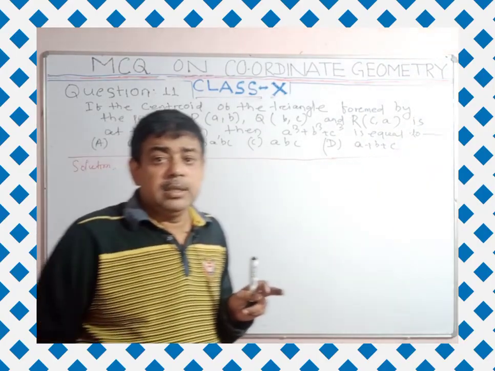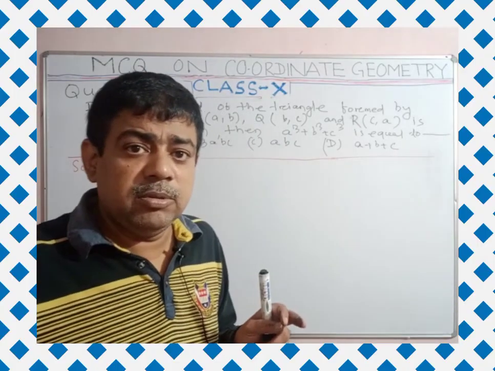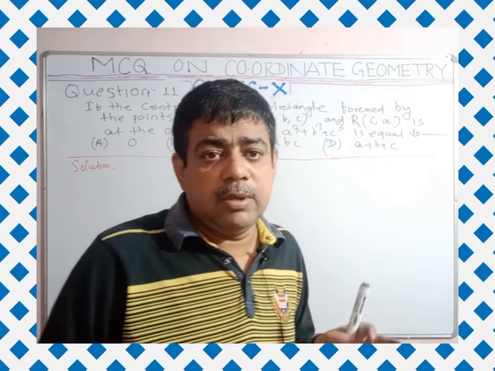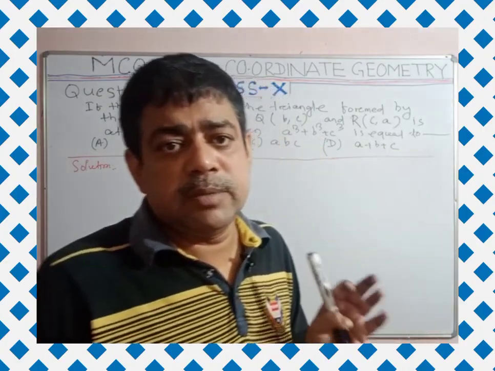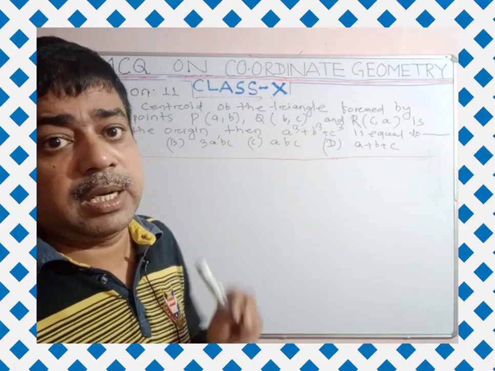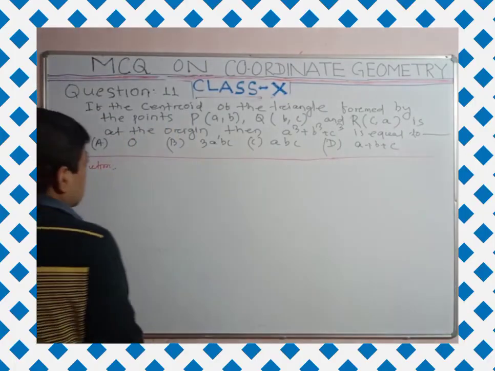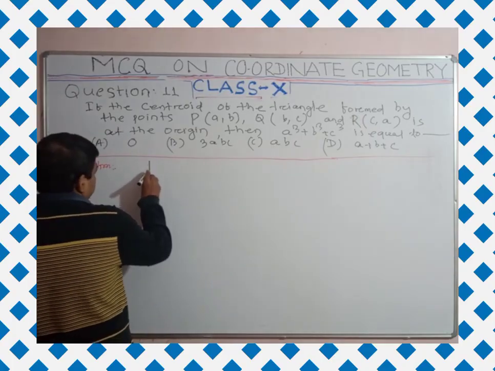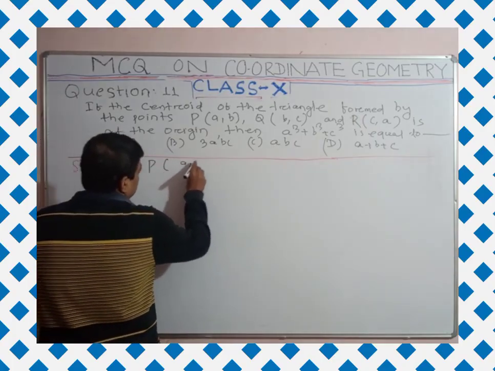Okay. So what is the centroid of a triangle? All of you know. The centroid of the triangle is the point of intersection of the medians. It means 3 medians intersect each other at the centroid of the triangle. Understand? So 3 points of the triangle are given. One point is P, (ab).